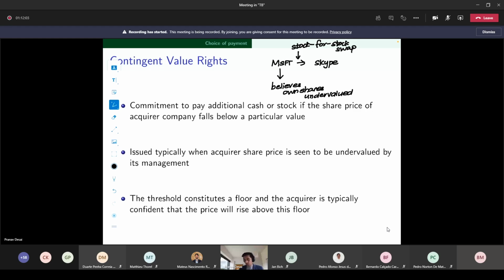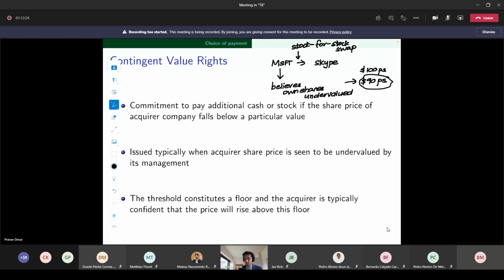So what Microsoft does, as an example, suppose their shares are worth $90 per share, and it believes that the real value in the market should be something like 100 per share. It might just pay with its undervalued share.